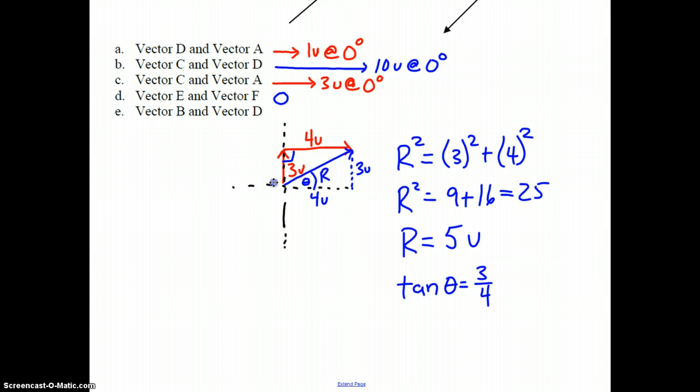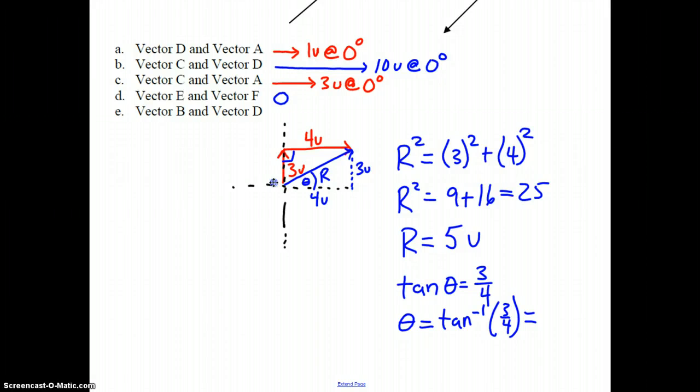Well, how do we find the angle theta itself? That gives us the tangent of the angle. How do we find the angle itself? Well, we would take the inverse tangent of both sides. So theta is the inverse tangent of 3 over 4. So go ahead on your calculator, making sure you're in degree mode, and take the inverse tangent of 3/4, or 0.75.